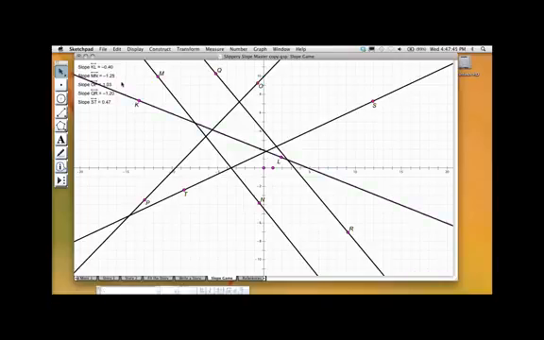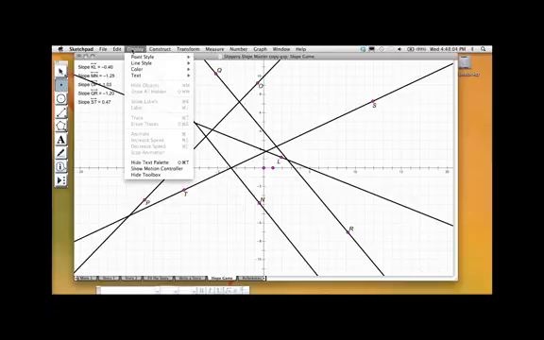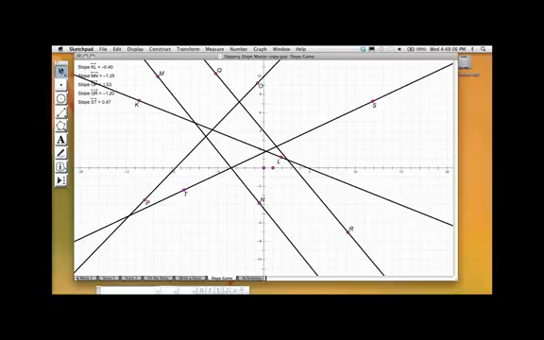Okay, now this is going to be a matching game, and to make it a little harder to match them, what I want to do is hide the labels. I'm going to show you a neat shortcut, which is if you select the point tool and then go to the display menu. Maybe that's not going to work.